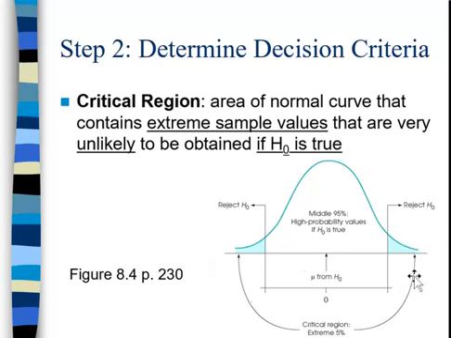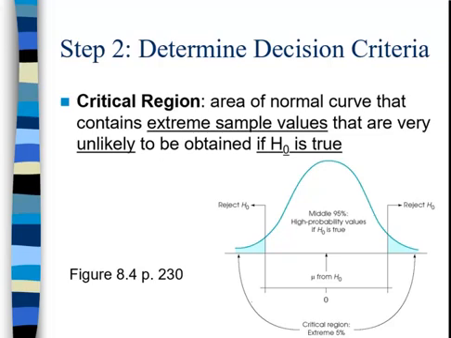In this case, we've got a two-tailed test going, and the probability of obtaining that sample mean would be less than that alpha level that we're using as our criterion.